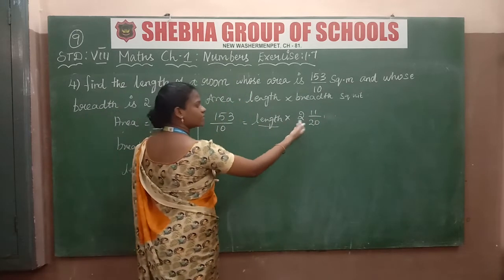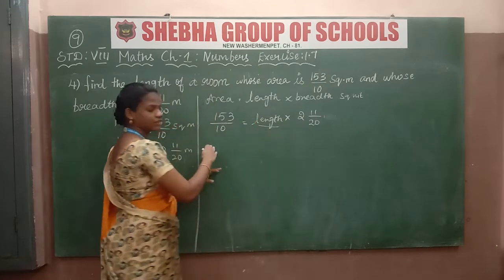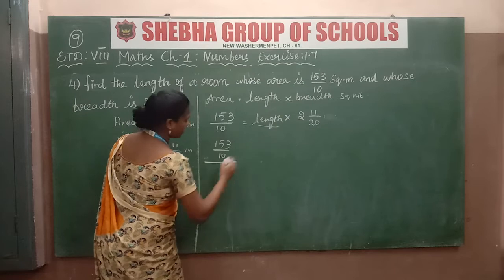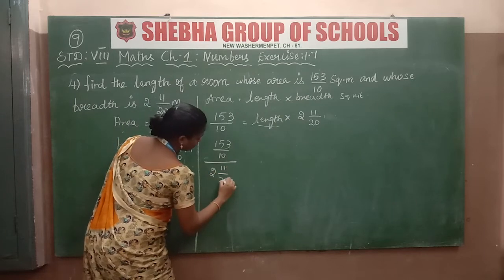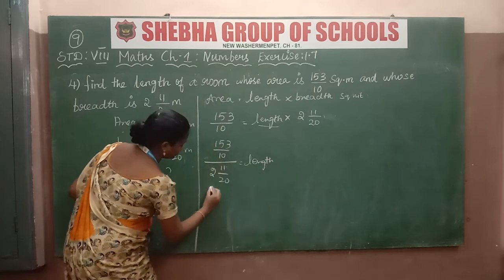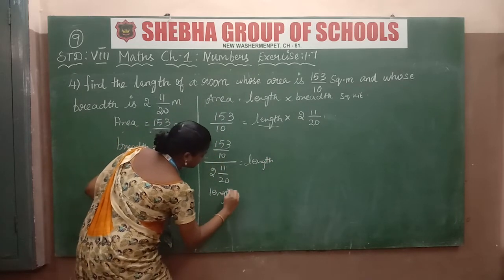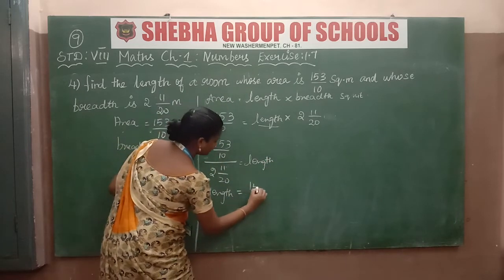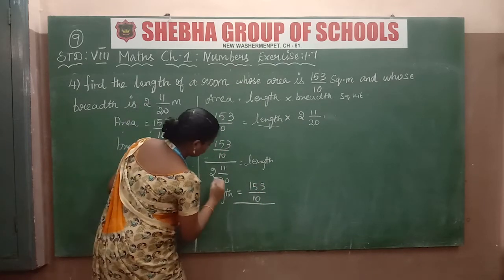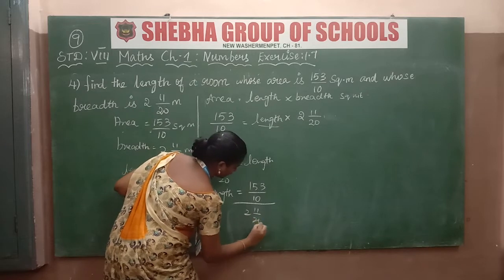So in multiplication, the 211 by 20 comes to this side. So 153 divided by 10 whole divided by 211 by 20 is equal to length. So we rewrite: length is equal to 153 divided by 10 whole divided by 211 by 20.